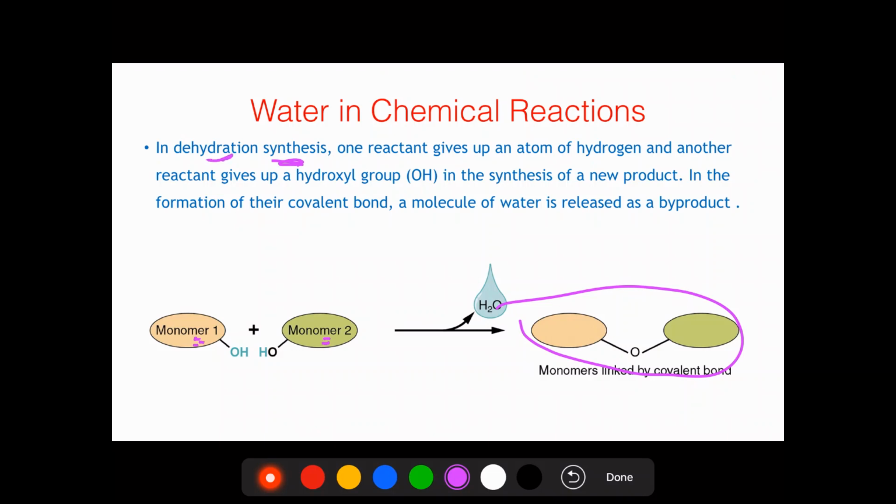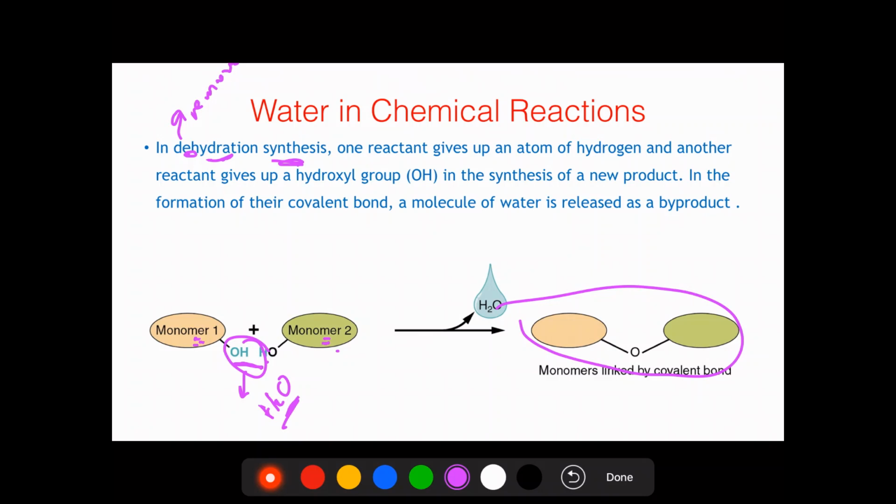Now, dehydration synthesis, because we are taking a water molecule out of the two monomers. So as you can see, in order to join these, we have to take a water molecule out. That's why it's dehydration. De means remove, hydration, water. So this is like a removing-water synthesis reaction.